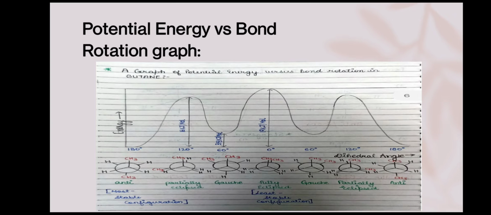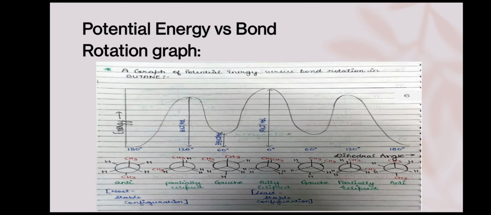There we are more stable, and our craving to go outside is less. Same is the case here: the anti conformation, being 180 degrees apart between the two methyl groups, is less in energy, so it is the most stable.